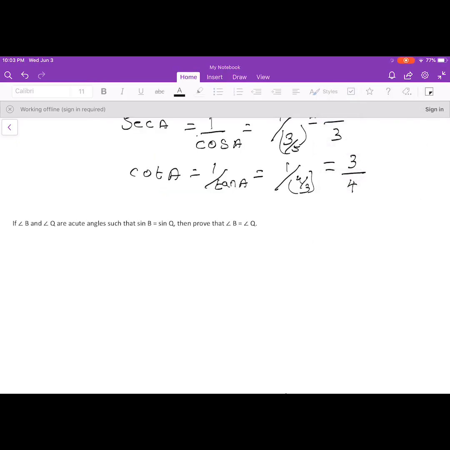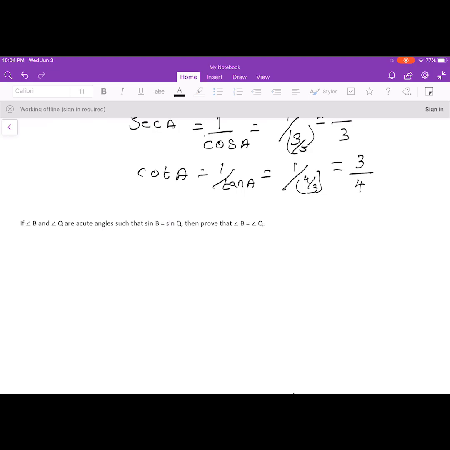Our next example is: if angle B and angle Q are two acute angles such that sine B equals sine Q, then prove that angle B equals angle Q. What is given in this?